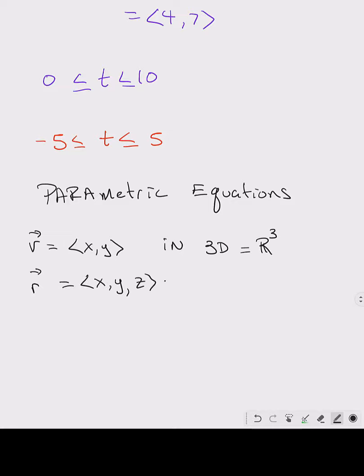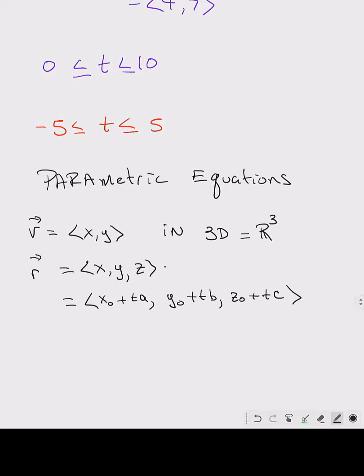Okay? And the way we could write that would be to say that the x, y, and z is equal to the x initial plus t times a, the a component, and the y initial plus t times the b component, and then the z initial plus t times the c component.